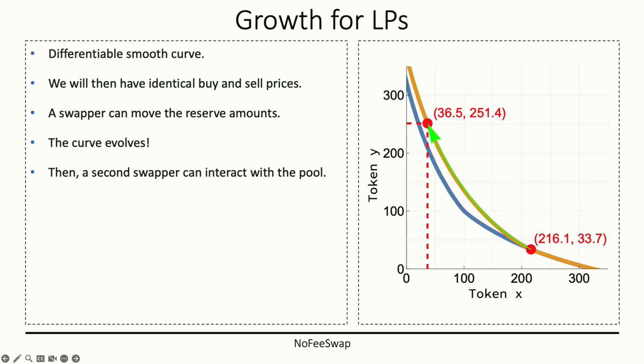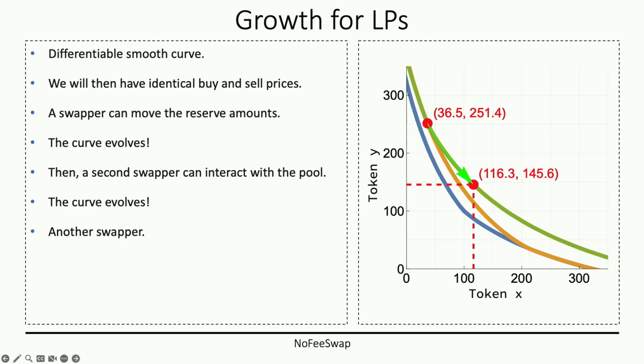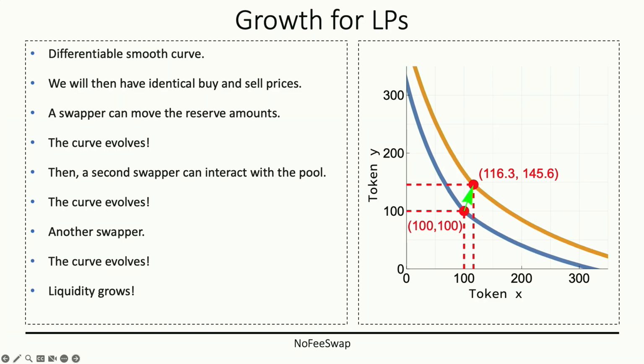Then a second swapper can move the reserve amounts on the new curve. And the curve evolves once more to the green one. This can happen again, over and over. And this is how liquidity grows. We went from an initial point to a higher one via a bunch of tangent, smooth, and differentiable curves.